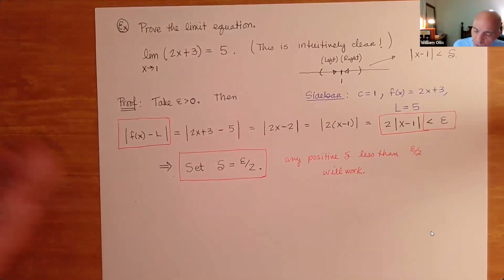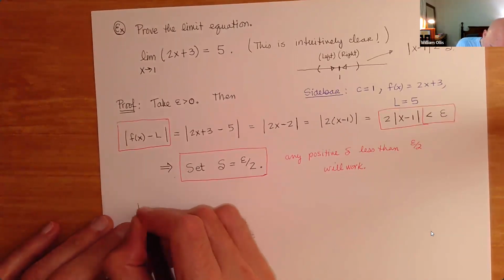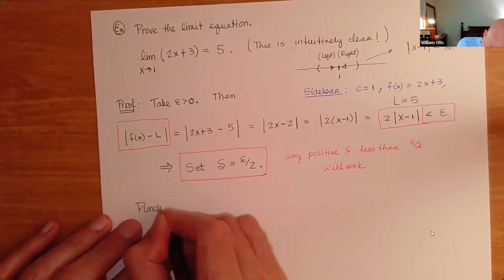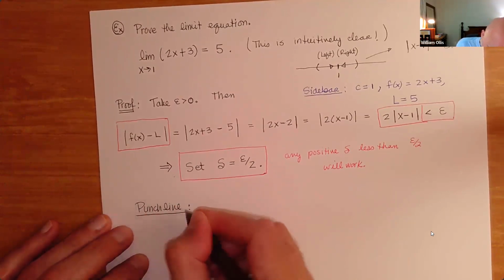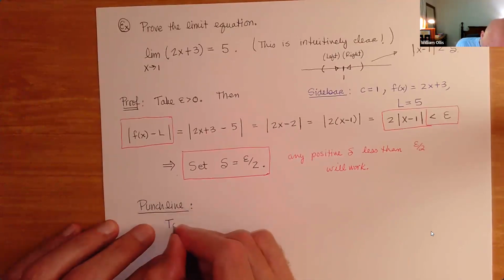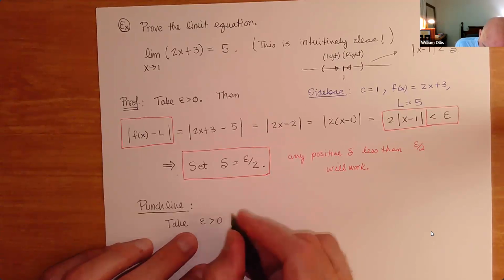So now we have everything set up the way we want. So we could say, here's like the punchline. Take epsilon greater than 0.